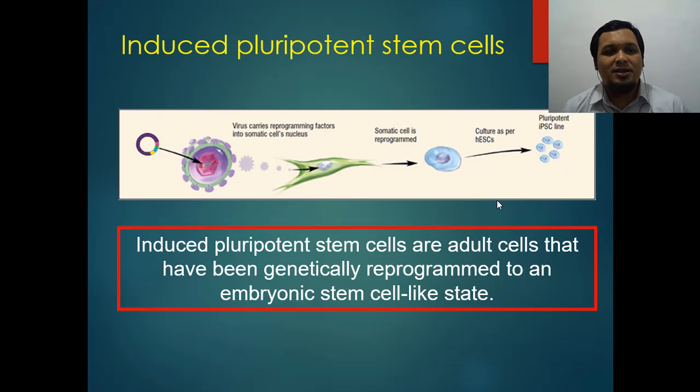By changing this genetic mechanism, the cell is able to be reprogrammed, and the reprogrammed cell is able to differentiate into certain types of cells. Because this process is induced or influenced by human treatment, that's why we call it induced pluripotent stem cell, which means the ability is induced.